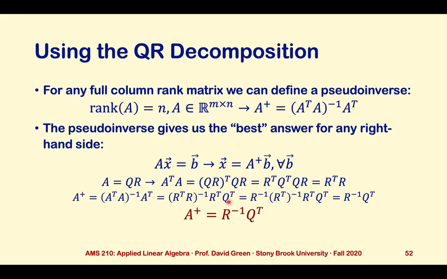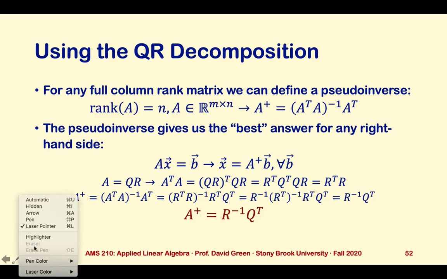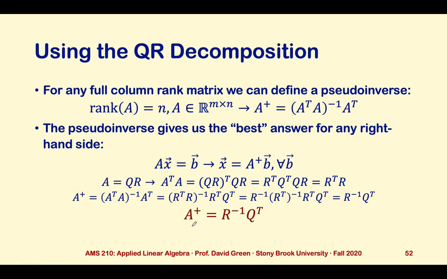Once we have the QR decomposition, the pseudo-inverse has a very simple relationship to the original matrix A. Compare this: we had A equals QR, and A pseudo-inverse is R inverse Q transpose.